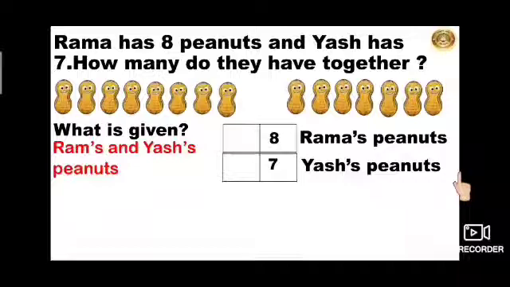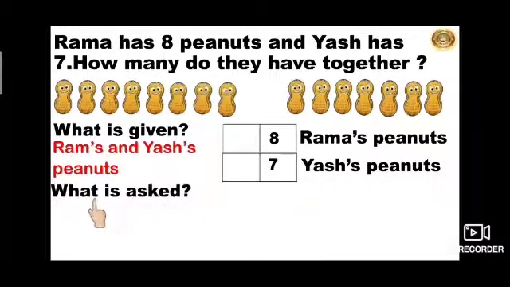Then next, we have to understand what is asked. So in this question, what is asked? How many do they have together? Means they want the total peanuts that they both have.